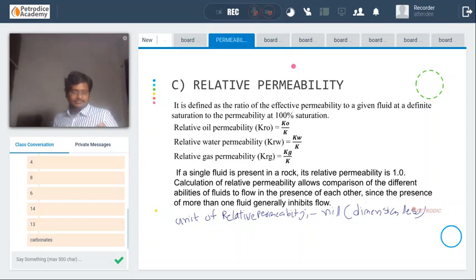See, the main reason for defining the relative permeability is using experimental methods. The calculation of effective permeability is very difficult and almost impossible. So in the experimental methods, we will calculate relative permeability, and using relative permeability, we will calculate the effective permeability.